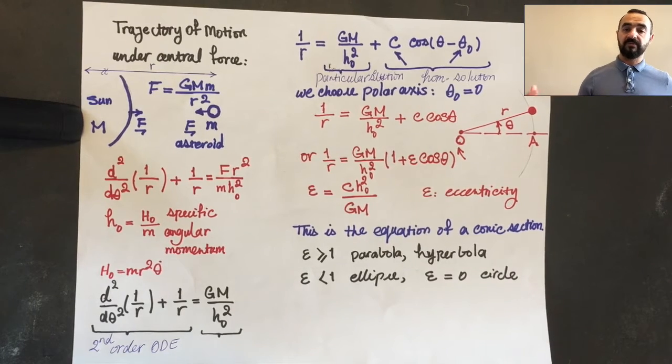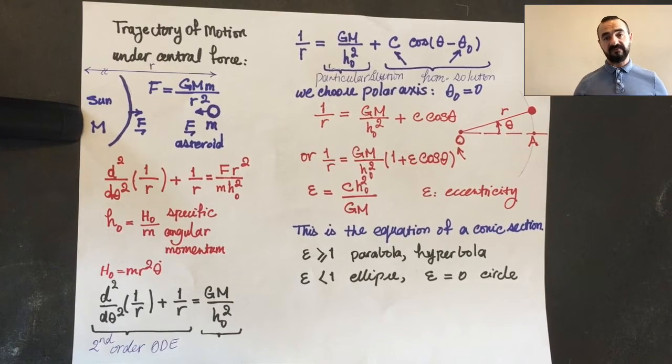In other words, we're going to compute a velocity which is called the critical velocity, and we're going to show that for velocities larger than that number, your orbit is not going to be a closed orbit anymore. So next time we're going to compute that critical velocity, which is called escape velocity, and discuss various types of trajectories of motion. All right, see you next time.